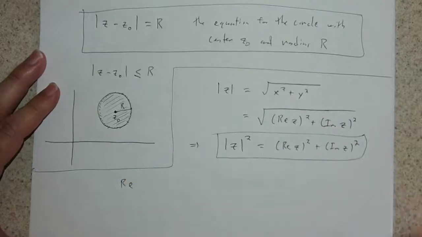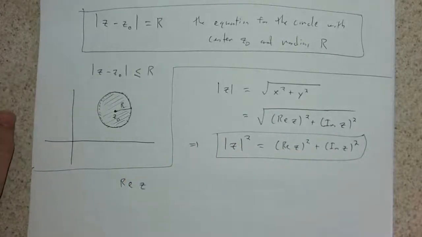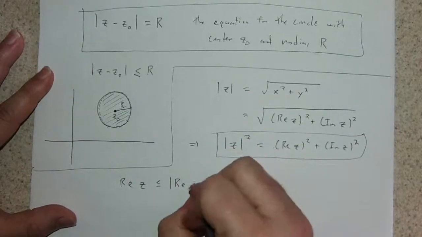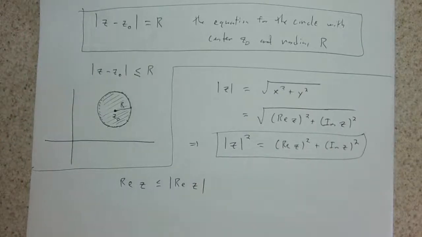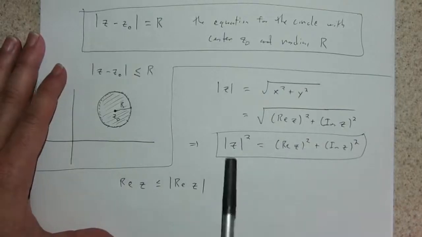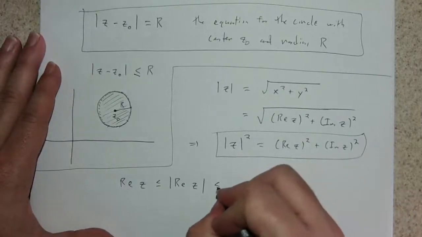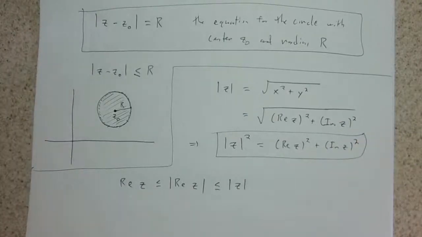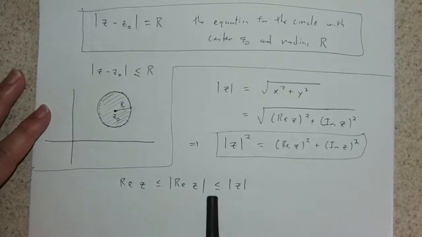The real part of a complex number is less than or equal to the absolute value of the real part of a complex number. Now, why did I say absolute value instead of modulus? Because the real part of a complex number is real, so this modulus is just the absolute value. And because of this fact, this is less than or equal to the modulus of the complex number z. Okay, so let's think about this for a second. First of all, why can we not get rid of the equality sign here?